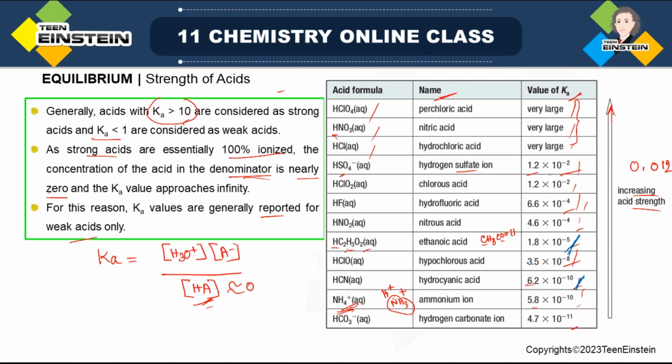It is not a strong acid, but compared to HCN, hydrocyanic acid, its strength is higher. So now the value of Ka has some significance. Whenever we talk about the ionization constant, that is Ka, or the dissociation constant for any acid, it is mostly for weak acids. We do not talk about Ka values for strong acids. It is only for weak acids.